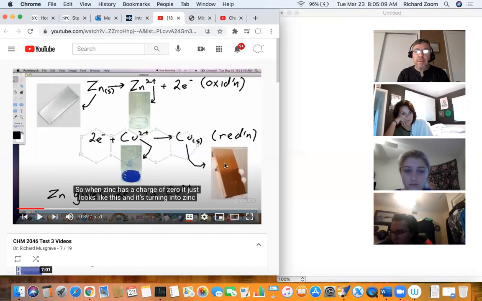And then you've got copper solid, which is this copper colored solid, which is different from the copper 2 plus solution. So I really want you to be aware of the difference between an aqueous solution and a solid. Does anybody have any questions so far? Okay.